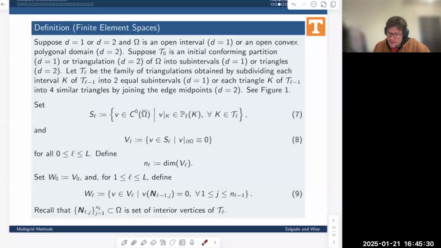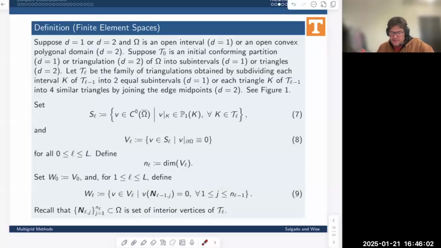That means whenever I have two triangles coming together, I don't have anything like a hanging node. We talked a little bit about that before. So I can always put a nice conforming partition or triangulation onto this open convex polygonal domain. The convexity isn't necessary for the construction of the triangulations, but it's a useful technical assumption.